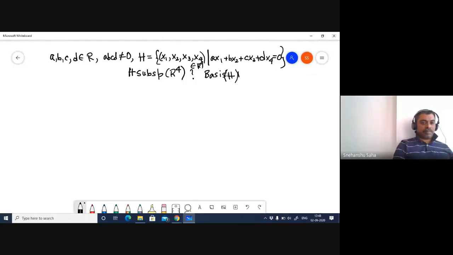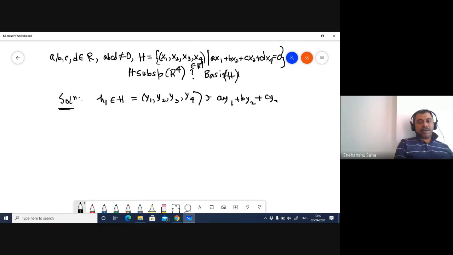So how should I proceed? I'll take two elements from this subspace H. I'll take H1, which belongs to H. Since H1 belongs to H, it must have the same representation, so I can pick an ordered quadruple y1, y2, y3, y4 such that ay1 plus by2 plus cy3 plus dy4 equals 0.